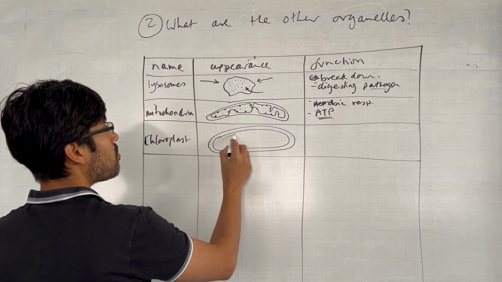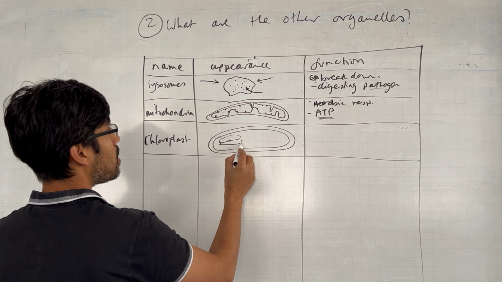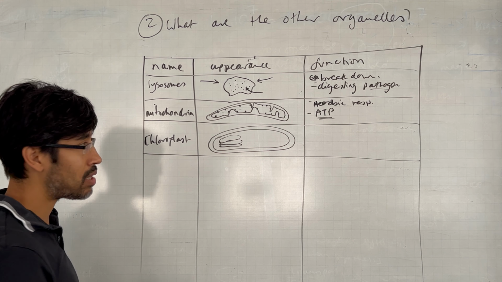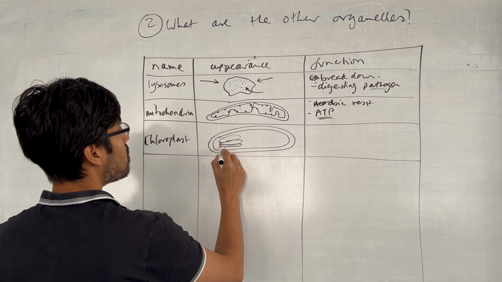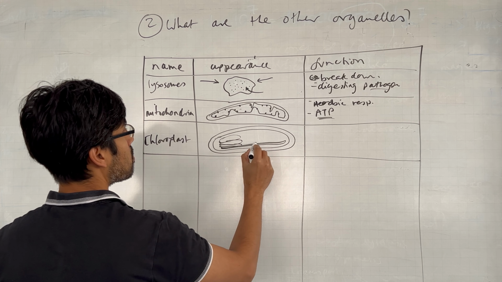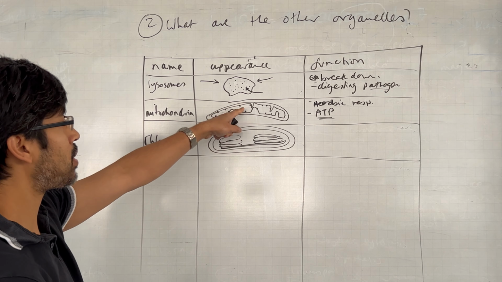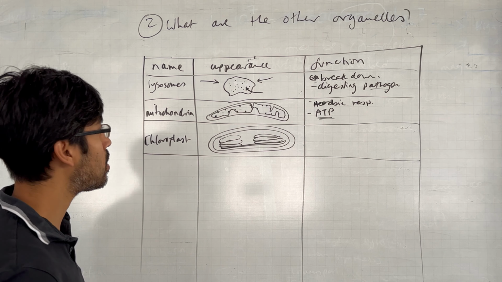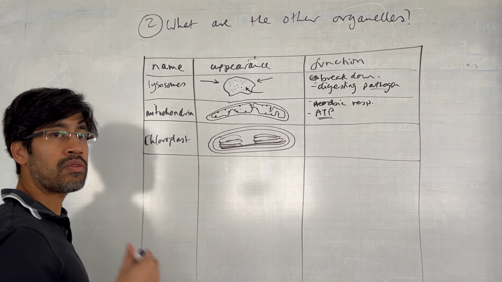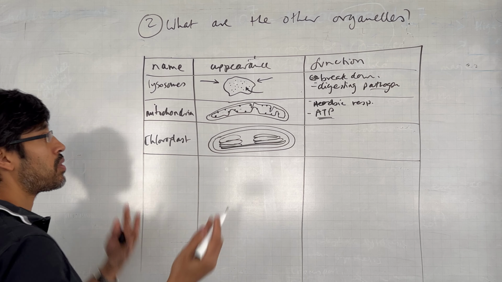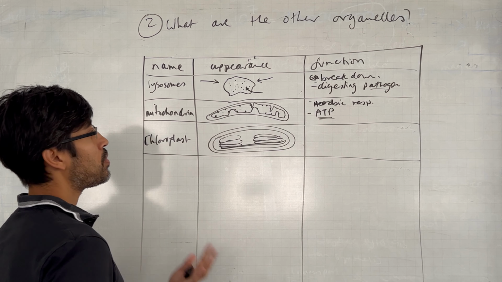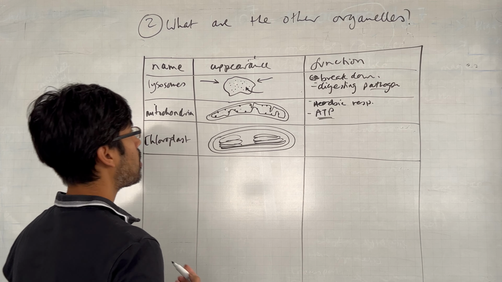Then within that fluid, you've got other folded membrane structures called thylakoid membranes or thylakoids, and this is where the photosynthesis happens. Okay, again, it's folded slightly in a different way to mitochondria, but it's folded to increase the surface area, and it's these thylakoids that have the chlorophyll that captures the light energy to make glucose from carbon dioxide.